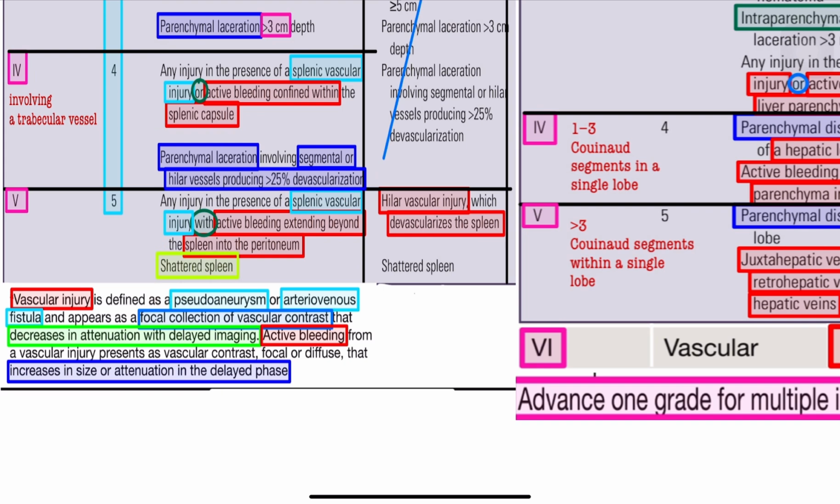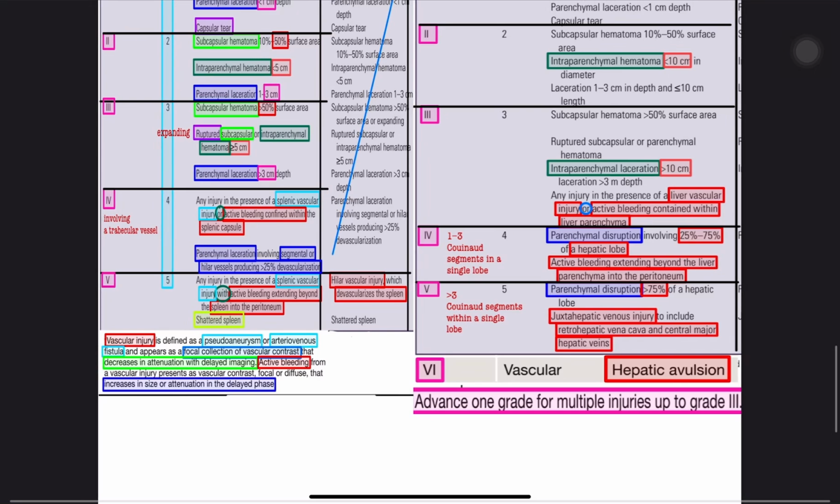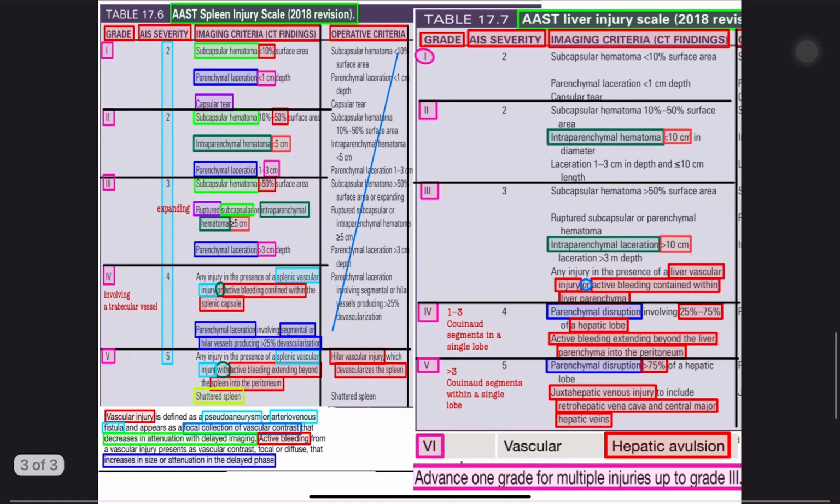So both are talking about delayed imaging. Vascular injury including pseudoaneurysm and AV fistula shows decrease in attenuation, while active bleeding shows increase in attenuation. That is the summary. I have compiled both splenic injury and liver injury, and the main questions they ask are from grades 3, 4, 5, mainly focusing on 4 and 5. Thank you.